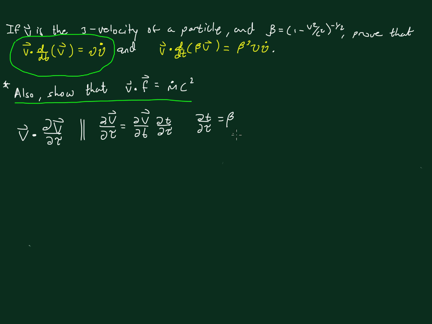So that implies that V dot dV/d tau is equal to V dot beta dV/dt. The V's here are still the four velocities. So we're going to use this same method in order to prove this relationship here.